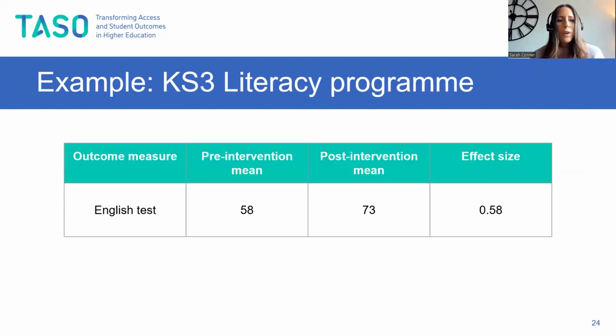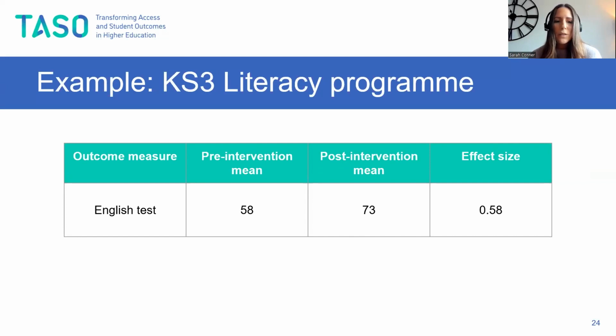If we look at our outcome measure, our English test, we can see that the mean, the average score in English testing was 58 before the intervention took place, in January. Then when we tested in April after the intervention, our average is 73. So there's been quite an increase in English test scores, and we can also look at our effect size.